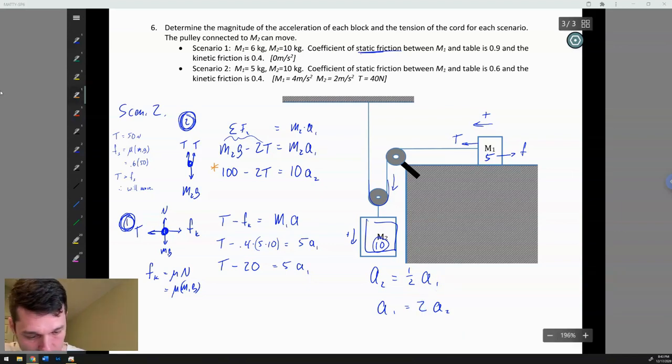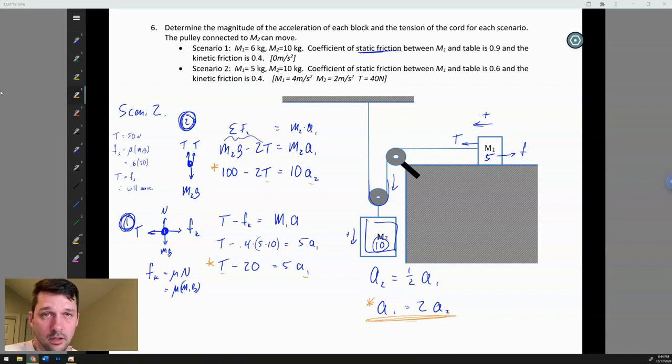So I'm going to put another star right here because that's as far as we can go there. We've got tension, acceleration 2, tension, acceleration 1. We've got 3 unknowns, and we do, in fact, have 3 equations because we know, based on the number of ropes, how the accelerations are going to compare to each other. 3 equations, 3 unknowns.